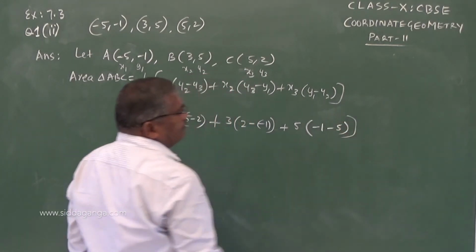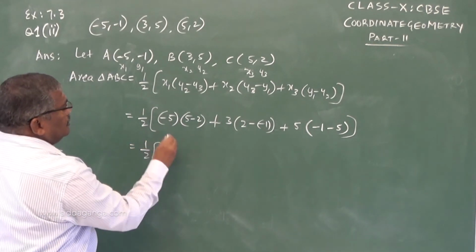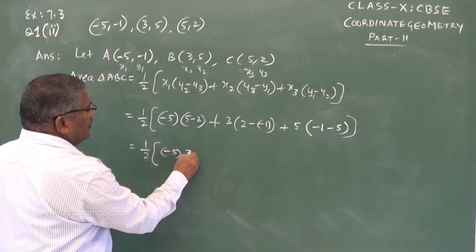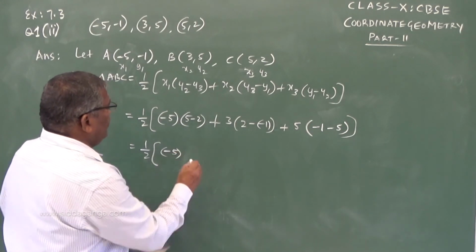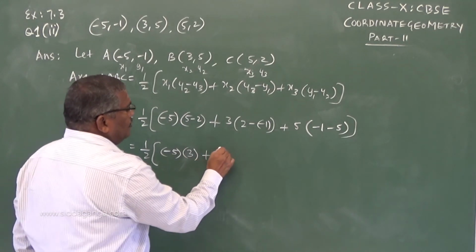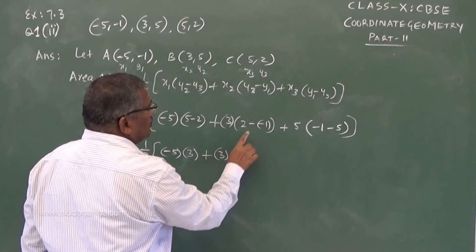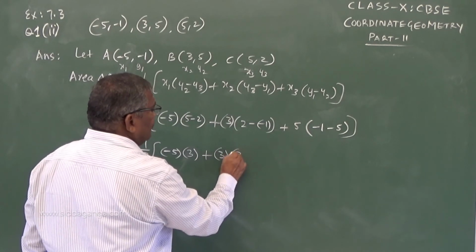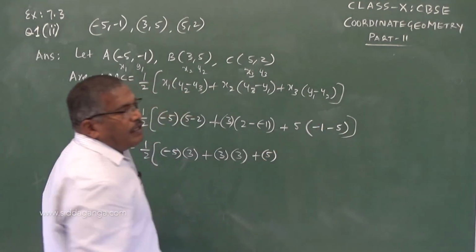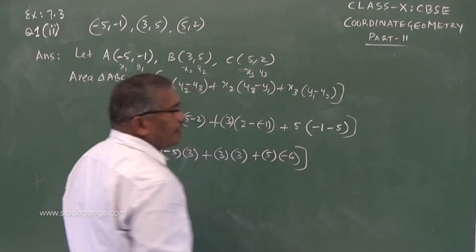Close the bracket. So now 1 by 2 into minus 5 into 3, 5 minus 2 is 3, plus 3 into 2 minus of minus 1 is 2 plus 1, that is also 3, plus 5 into minus 6.